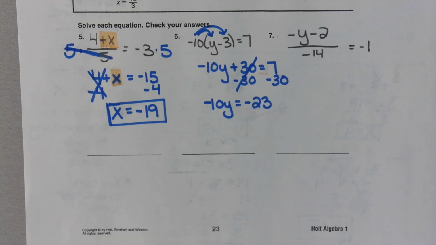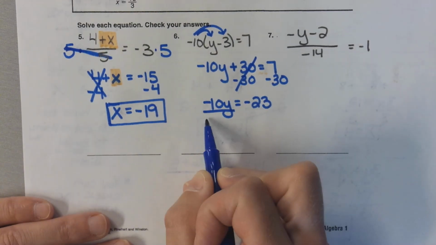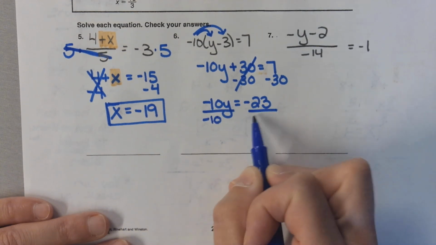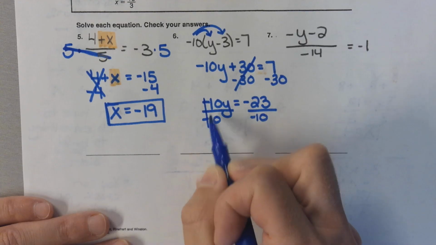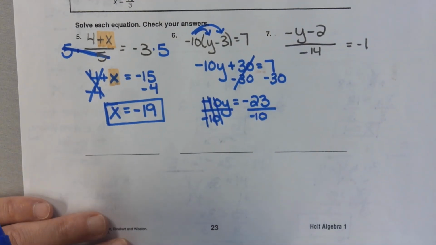What can I do next to get rid of the negative 10 with the y? So the negative 10 is being multiplied to y. The opposite would be? Yeah, divide it. And we're going to take the negative too. So not just dividing by the 10, but also the negative. So everything disappears, right?